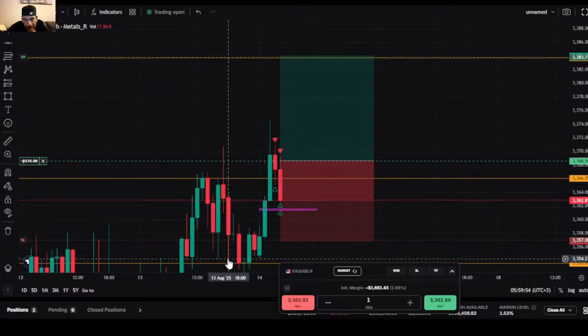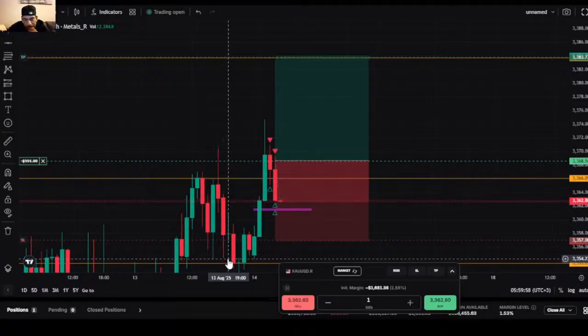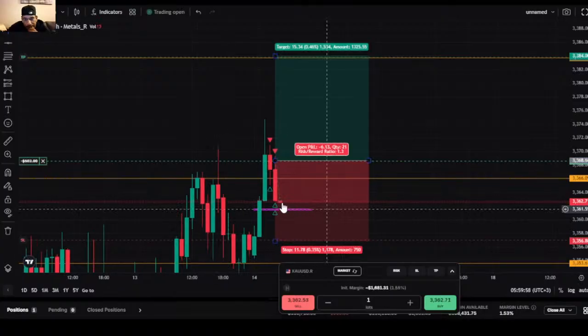We're about to make this bottom wick here. There goes.